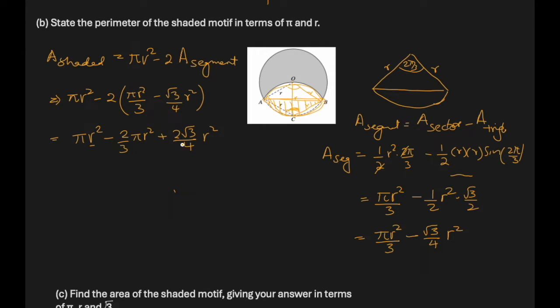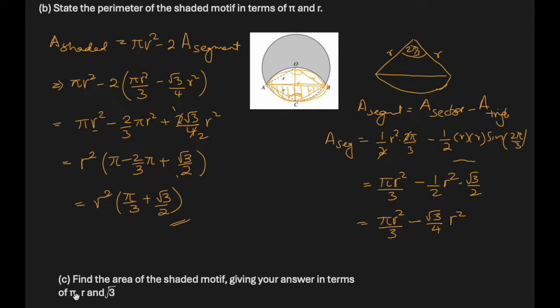Okay, so r square is common in all. Let's take it common. So pi minus 2/3 pi plus square root 3 over 2. Okay, and finally we can subtract pi minus 2/3 pi will be 1/3 pi. So r square times pi over 3 plus square root 3 over 2. That's what they're saying. Find the area of the shaded motif, giving your answer in terms of pi, r and square root 3.